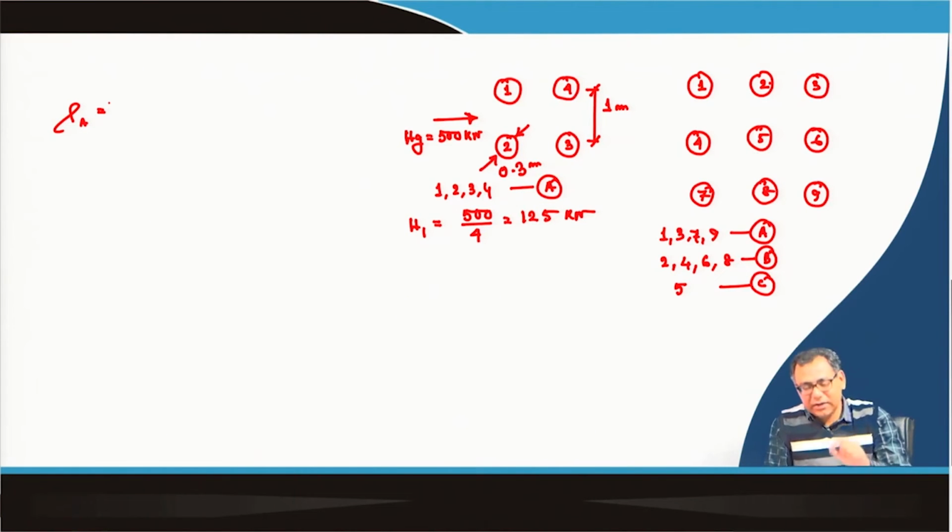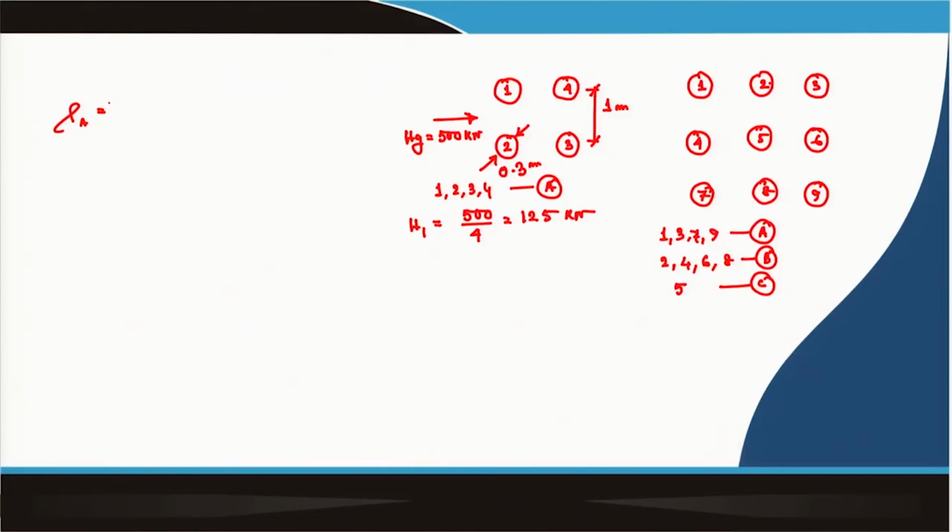That means the deformation of one pile will be the deformation of the pile itself plus the deformation due to the other piles, due to the effect of pile 4, due to the effect of pile 3, due to the effect of pile 2.